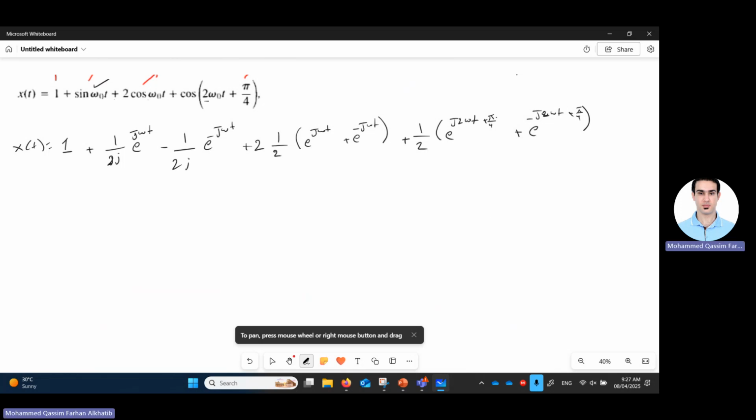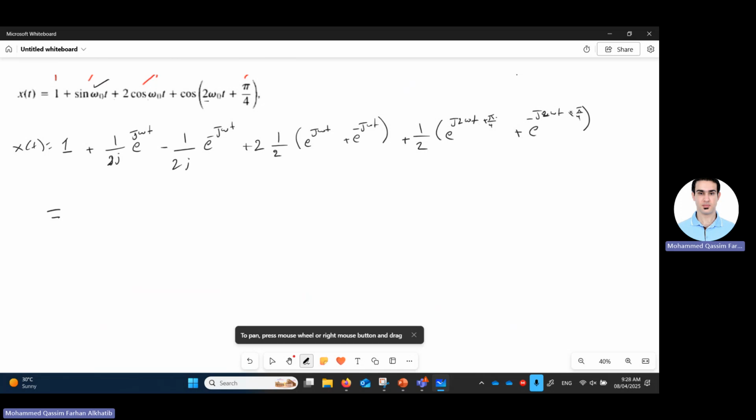Okay, so we'll just have to do some grouping of similar terms. Like in here, I have j omega t and I have j omega t, so I'll add these coefficients together. Another thing, let's confirm, like this one, -j omega t.